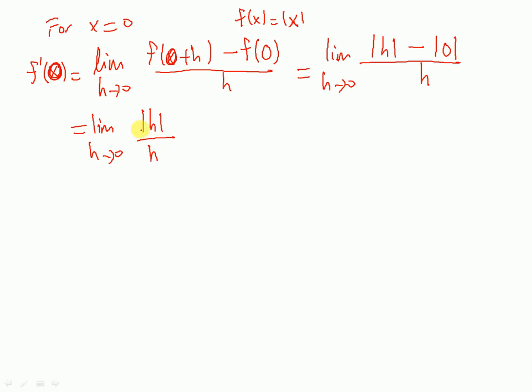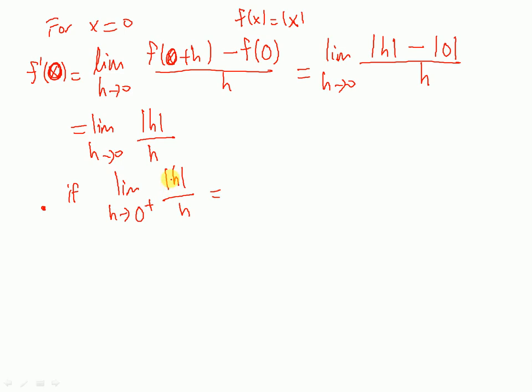We cannot drop the absolute value right away, because when h goes to 0, there are two cases. The first case is the limit when h goes to 0 from the right side, which is something on the right of 0.